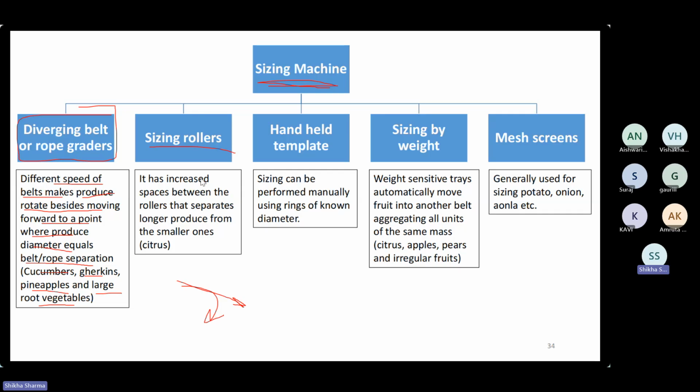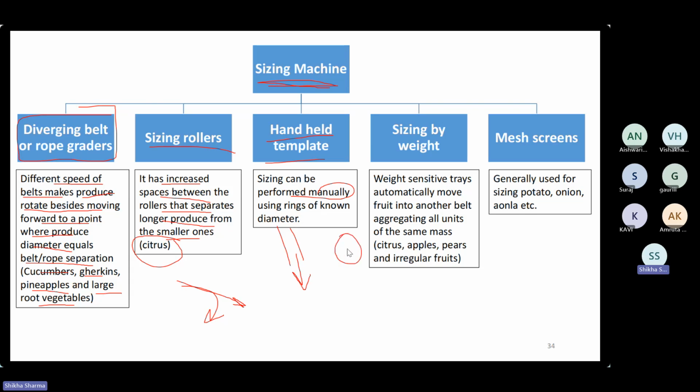Then next is the sizing roller. It has different spaces, which help to separate. It has increased spaces between the rollers that separate larger produce from smaller ones, like citrus fruits. The third one is the handheld template, where sizing can be performed manually using rings.